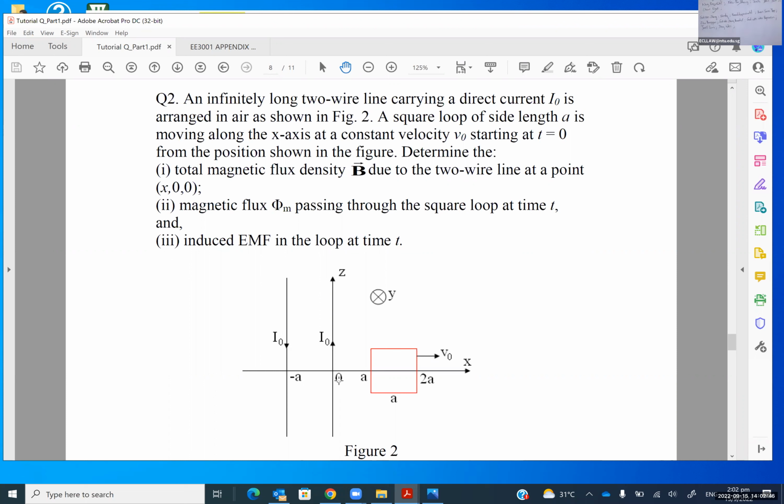Remember, we want the magnetic flux density. You must visualize the magnetic field in a way that eventually lets you get your result and also the flux, which involves the area. But right now, our concern is to find the magnetic flux density.